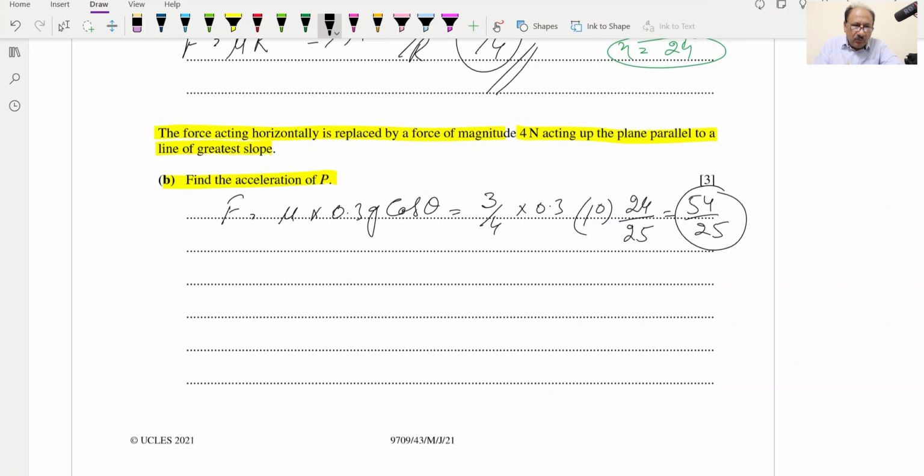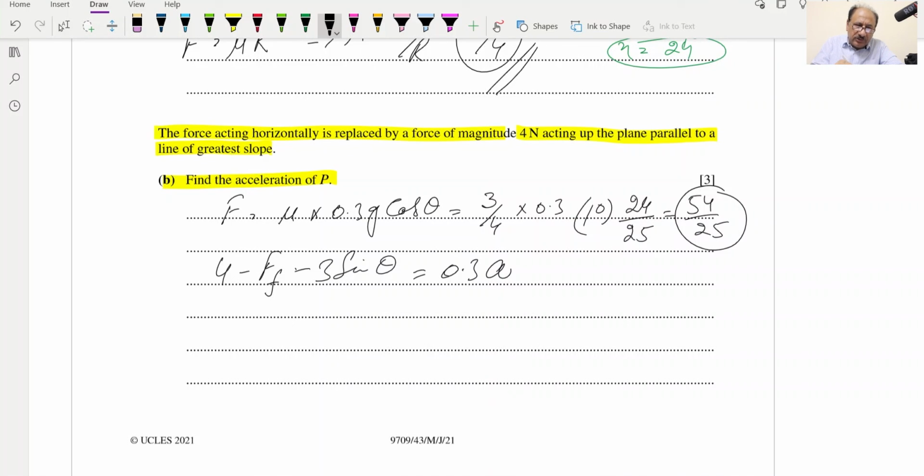Okay, so now we will apply Newton's law. So 4 minus F, the force of friction, and minus 3 sine theta. These will be the forces, and this will be equal to ma, so 0.3 into a. We can replace the values.